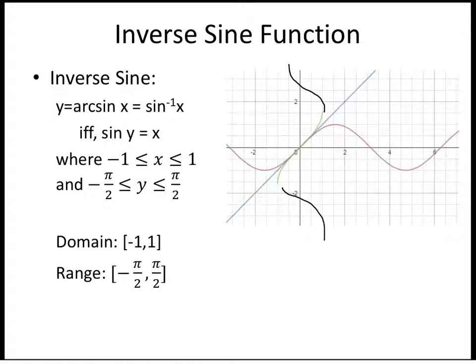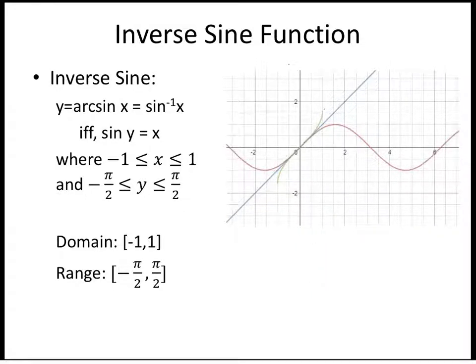Well, as you can see, this would not be a function. It would not pass that vertical line test. And so we can't just simply reflect that whole sine function across the line y equals x.